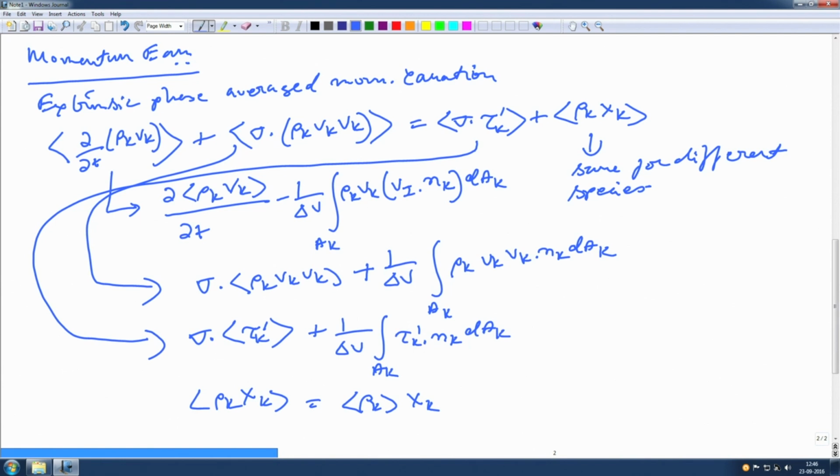So, what we do now is combine all the terms, not 3, 4 terms together.